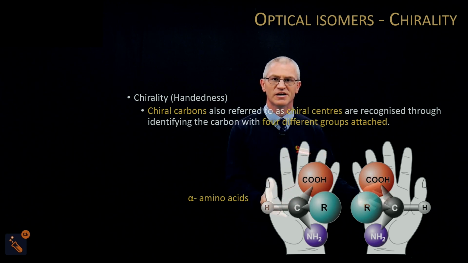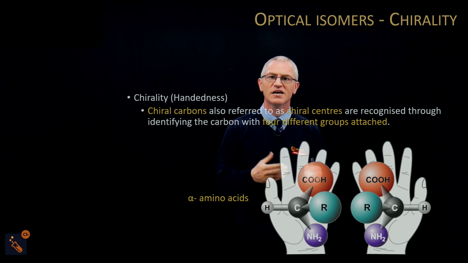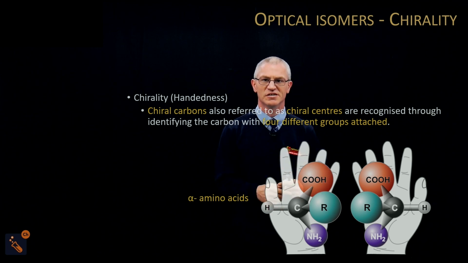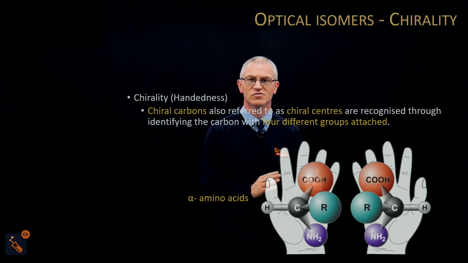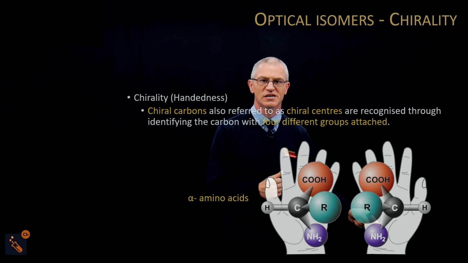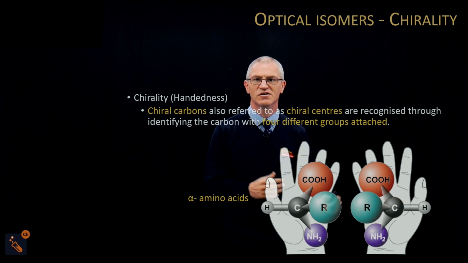So we've got the 2 hands here, and you can see they're non-superimposable mirror images. And you can also see we've got an amino acid here. What I would recommend when you're doing the drawings is you shorten your carboxylic acid to COOH, NH2, and then your H and your R. And you can see that these are mirror images of one another.